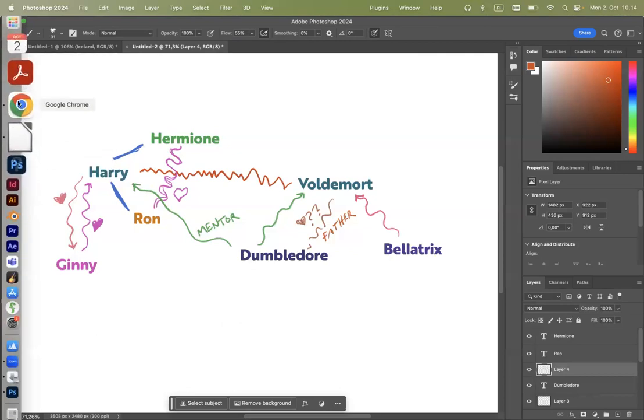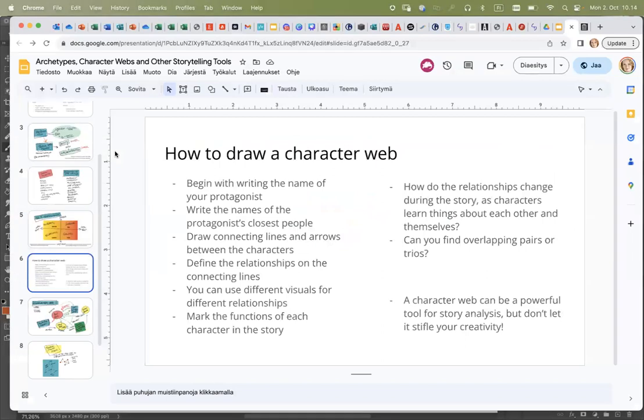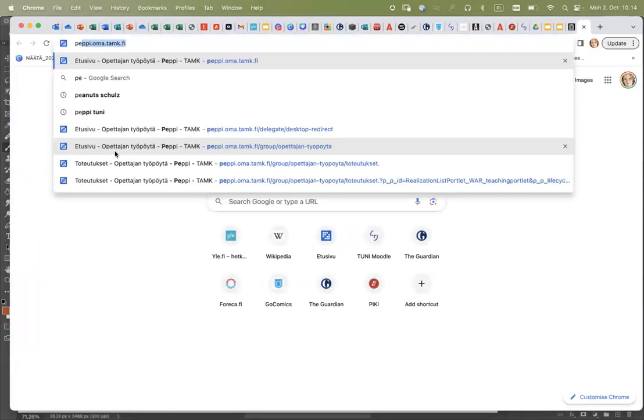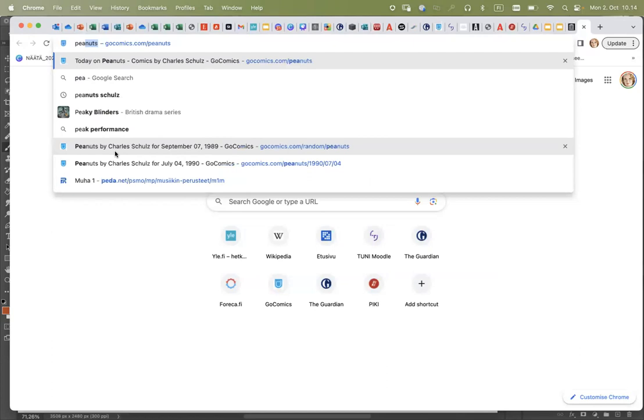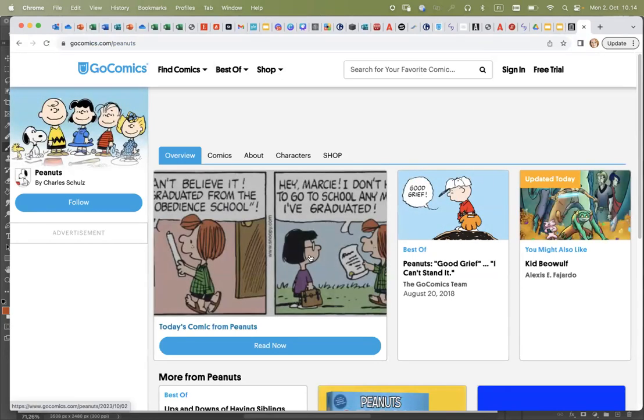So I'll go back to here and open up Peanuts, which we looked at some point a couple of weeks ago.